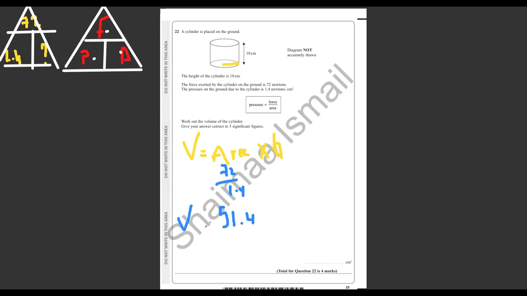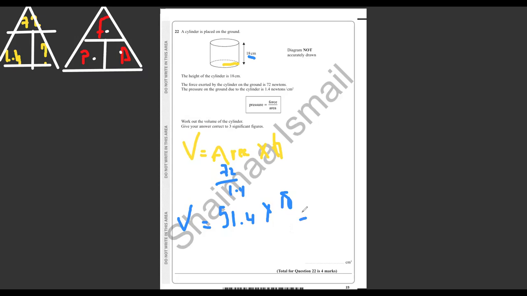So the volume now will be equal to 51.4 multiplied by the height, and he gives you the height, which is 18. Which equals 925.2, and he needed 3 SF. Don't forget this. So it's equal to 925. And we did it.